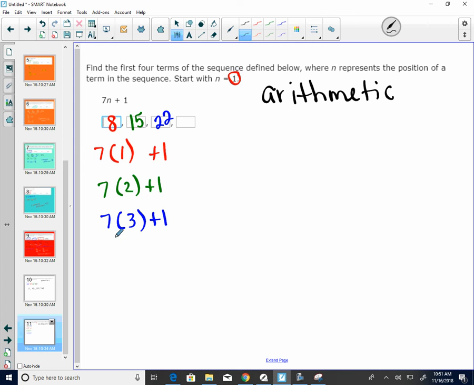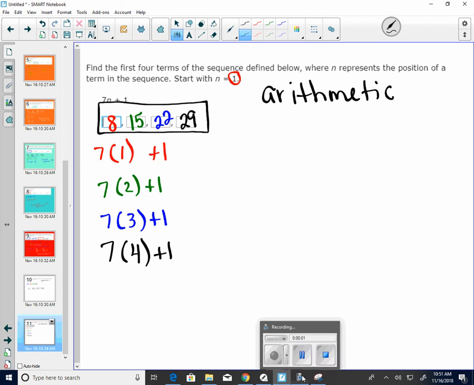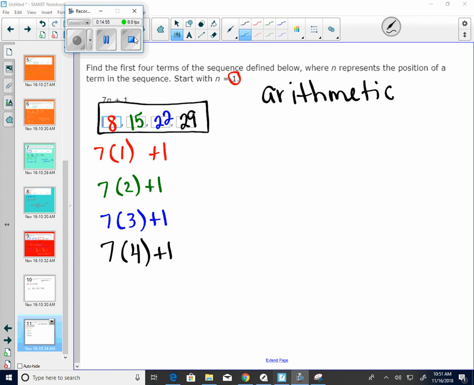And for the last term, the 4th term, that's 7 times 4 plus 1, so the 4th term should be 29. So this is our sequence based off of that formula. And those are all the types of problems you should encounter on sequences.